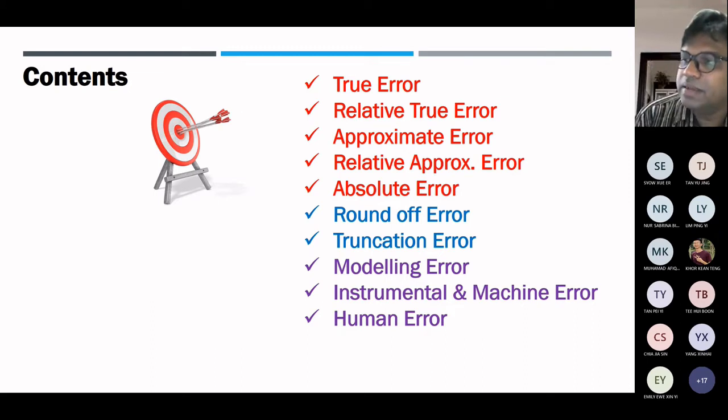Instrumental and machine error are very common in use. The best example is a ruler.